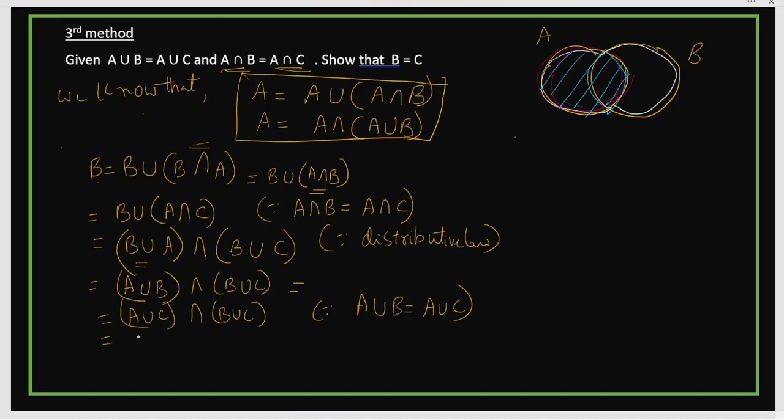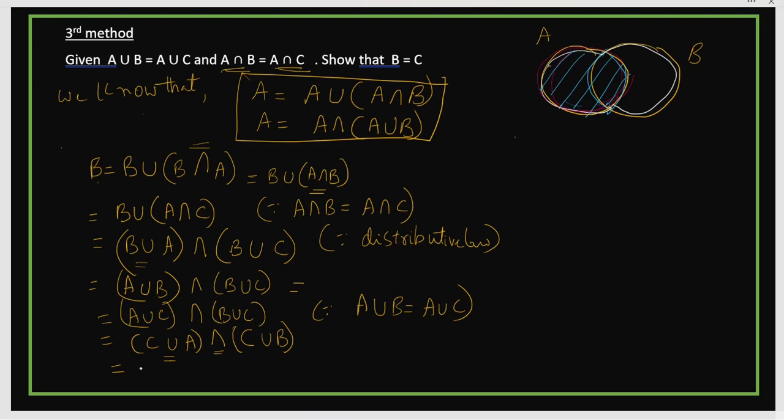This equals, I'm just changing the order, C union A intersection C union B. This equals, if you can see, it is distributed. Union is distributed over intersection, and intersection can be distributed over union. Remember this, I have shown you in the algebraic explanation. You can refer to that in detail.